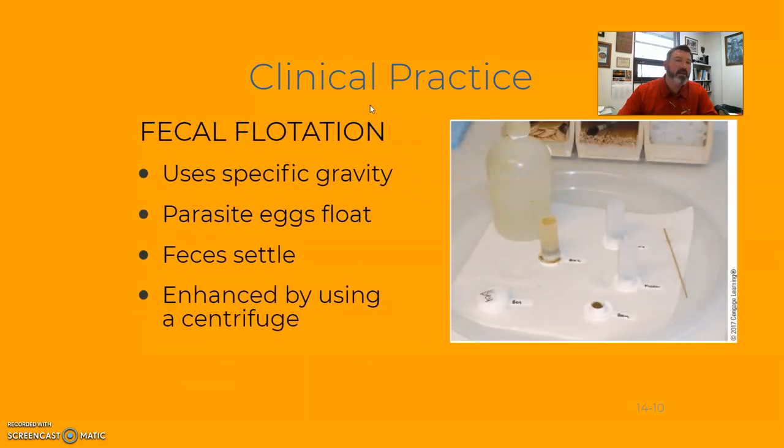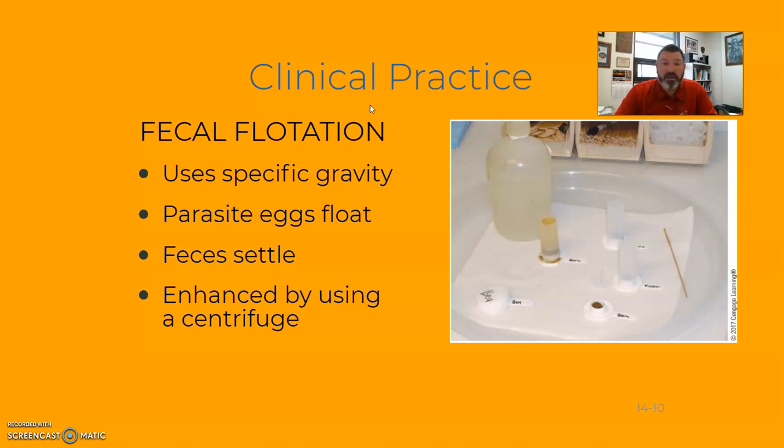Another thing when we talk about clinical practice, and especially when we refer to parasites, is we can go through sampling and do fecal flotation. And this is actually a quite simple process. You get a fecal sample, and there are some tools pictured on the bottom right hand side here. You get a little bit of distilled water, and you basically just float the sample, and parasitic eggs will float to the top.